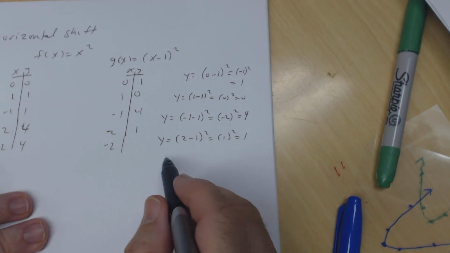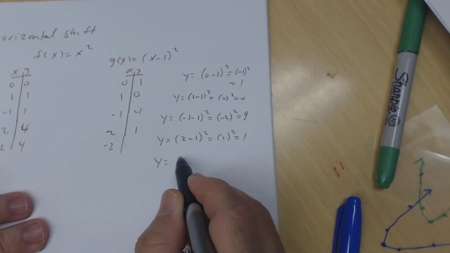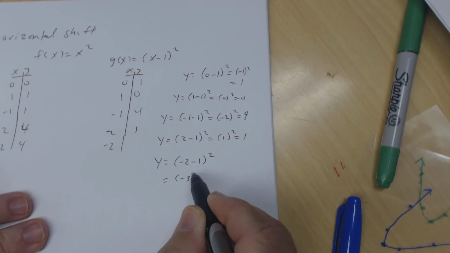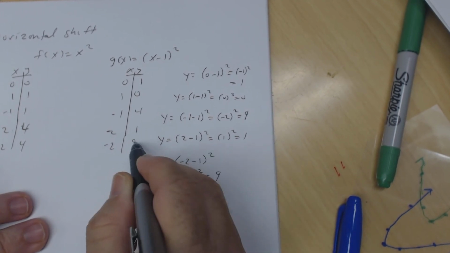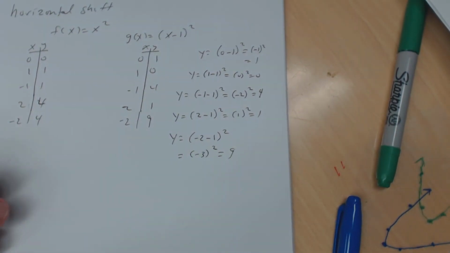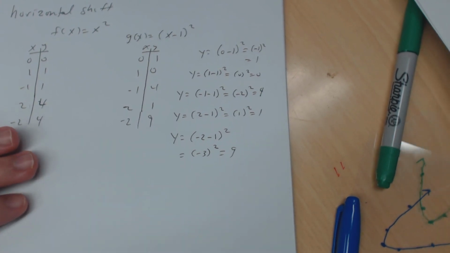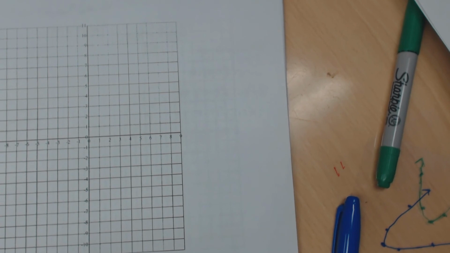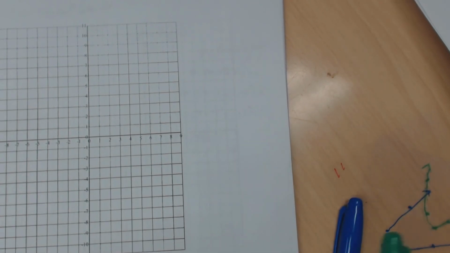When x is negative 2, I get negative 2 minus 1 squared, which is negative 3 squared, which is 9. Now I'm going to plot those points, and then we're going to see what happens.